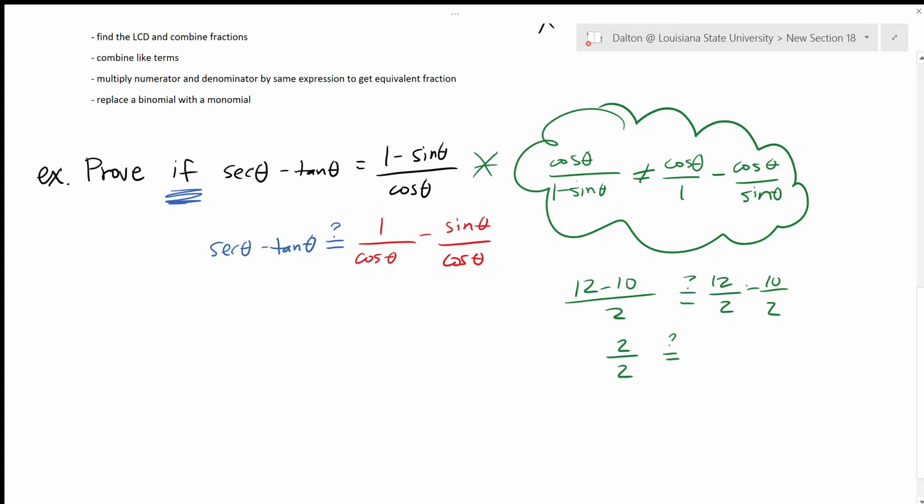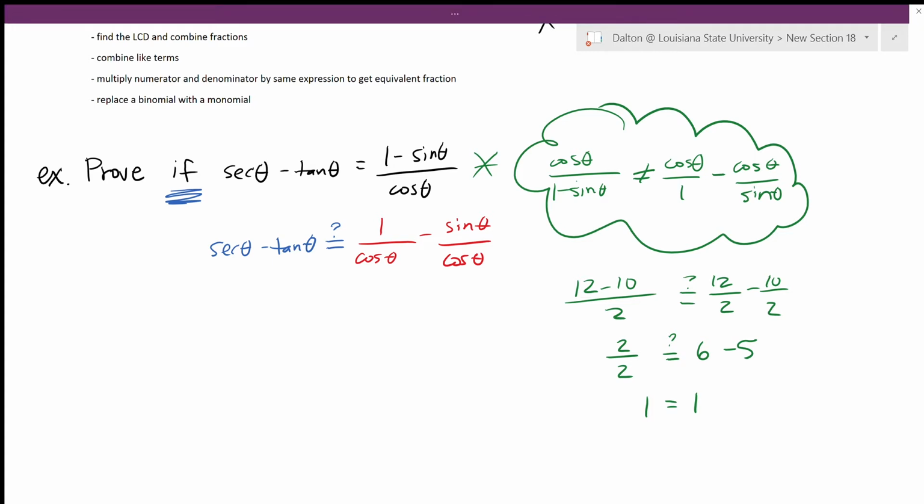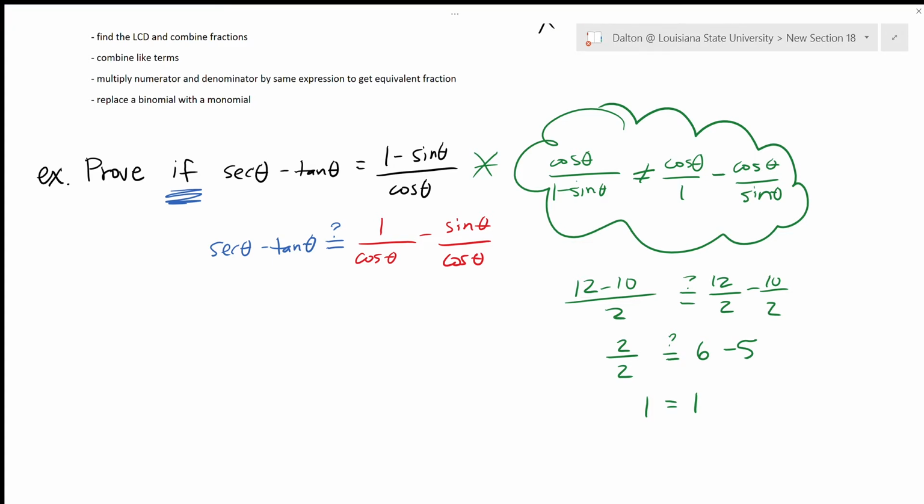Is this the same as doing this? 12 over 2 is 6, minus 10 over 2 is 5, and yes, 1 is equal to 1. So if you ever struggle with whether you're allowed to break up a fraction a certain way, plug in numbers and see if it's true. So what we've done here is perfectly mathematically legal.